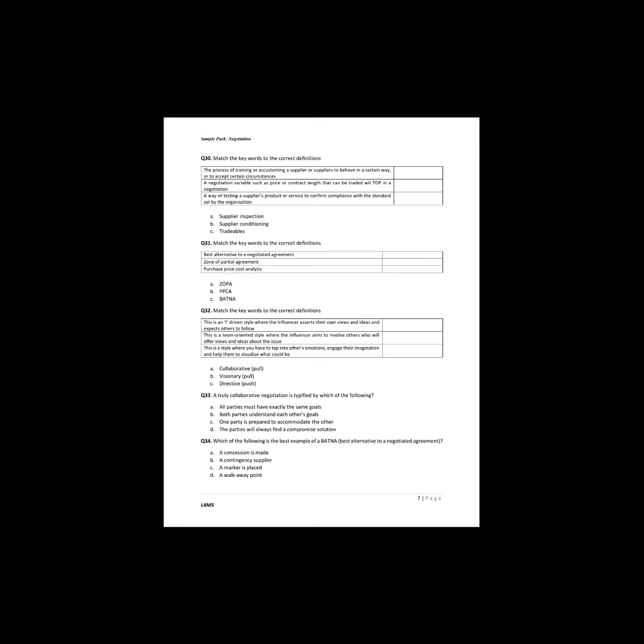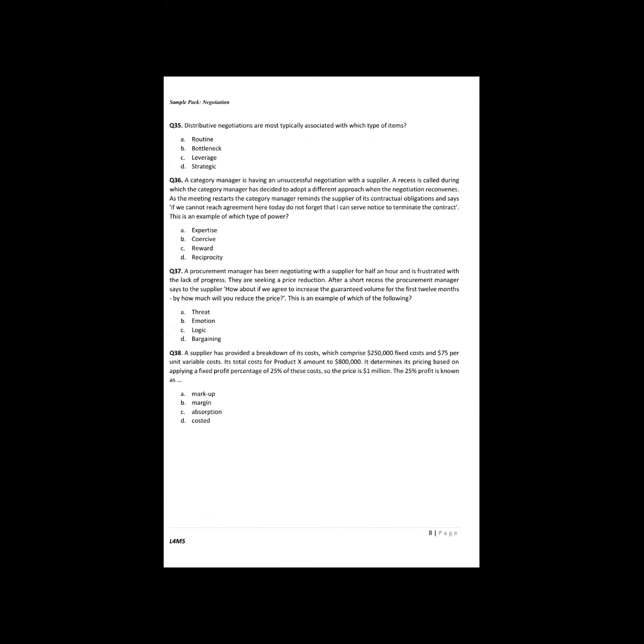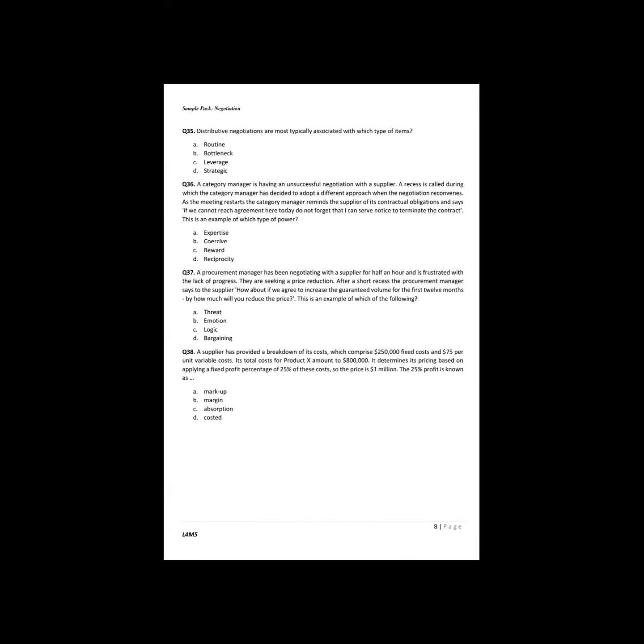Okay. Then question 35. Distributive negotiations are most typically associated with which type of item? So this one has to do with the Kraljic matrix. Beatrice, I hope you are familiar with the matrix.